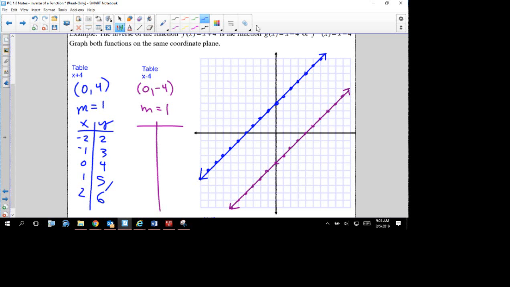I'll just make them bigger on this graph. What I want you to notice, and what's really cool graphically about inverse functions or inverse equations, is that they always reflect in the y equals x line.